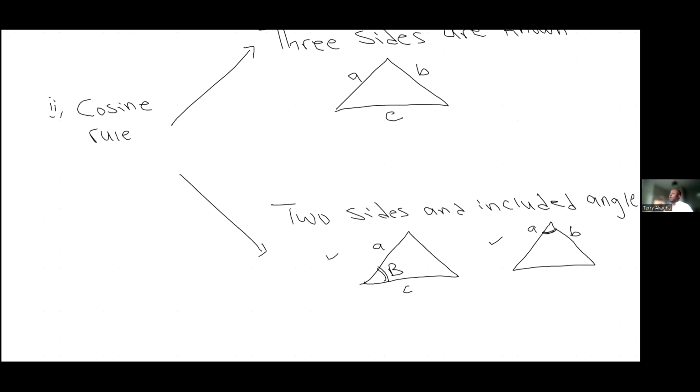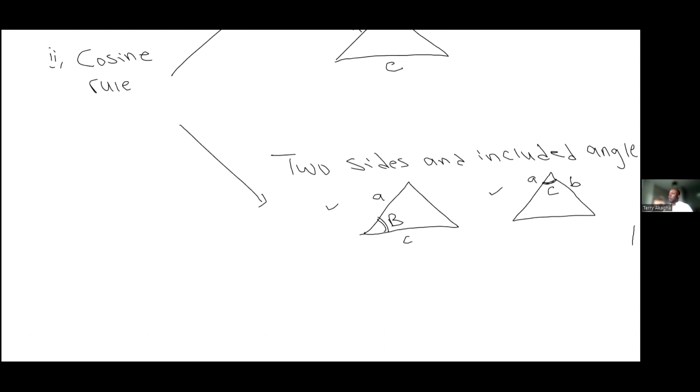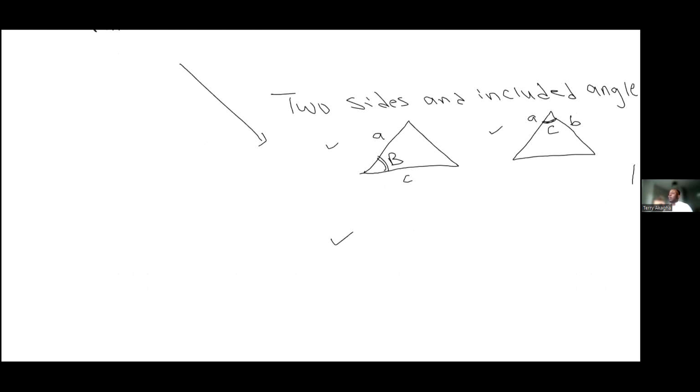C, all right? Or you can have a triangle like this, and you have maybe side C and side B, okay? And the included angle here is A. So in this kind of case, you can use the cosine rule to solve that.